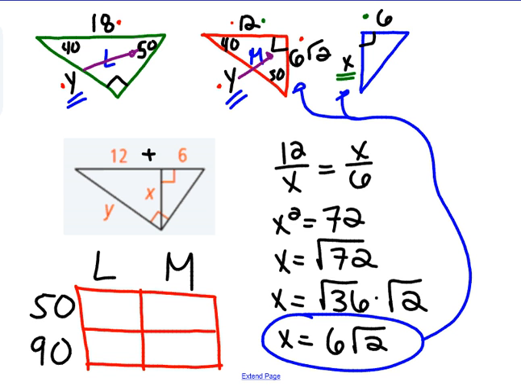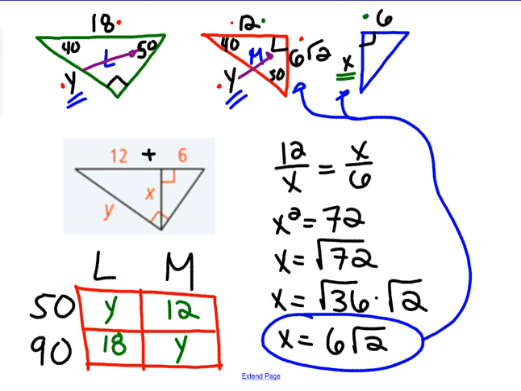So then we'll have, in the large triangle, what is the side that's opposite to 50? That's my y. In the large triangle, what's the side that's opposite to 90? That's my 18. In the middle triangle, the side opposite to 50 is 12. In my middle triangle, the side opposite my 90 is my y.